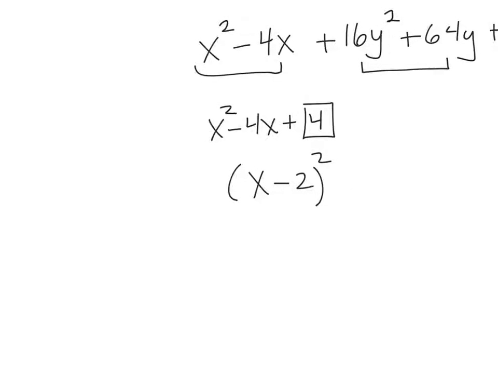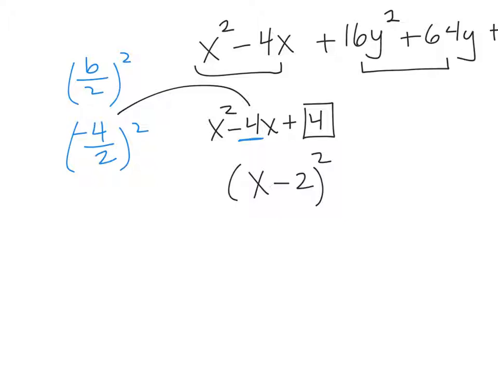Just remember that to complete the square, you look at the coefficient of the x, take that number, divide it in half, and square it. So you take b divided by 2 quantity squared, and that's what you add in there.